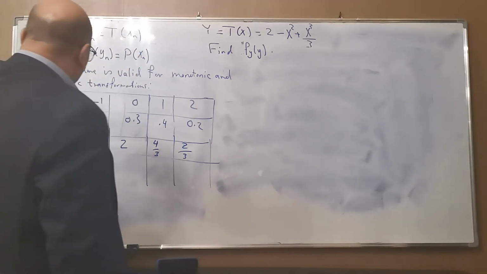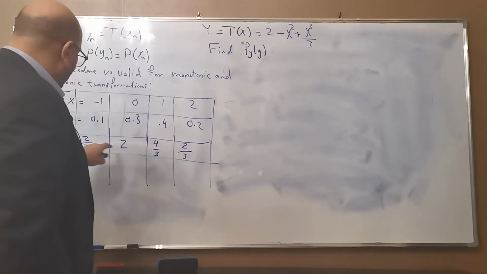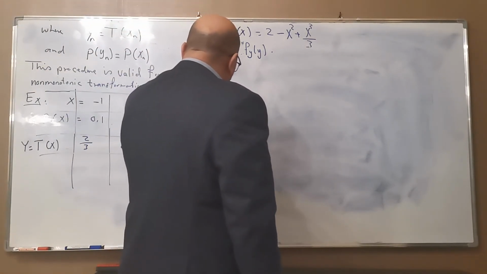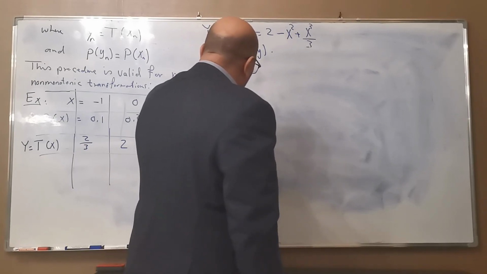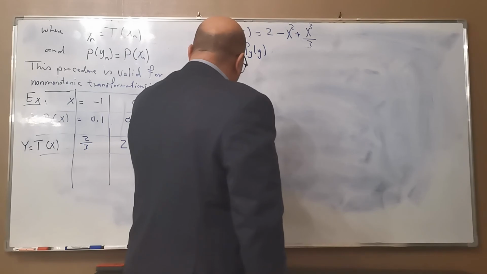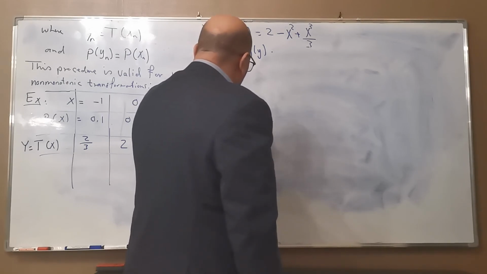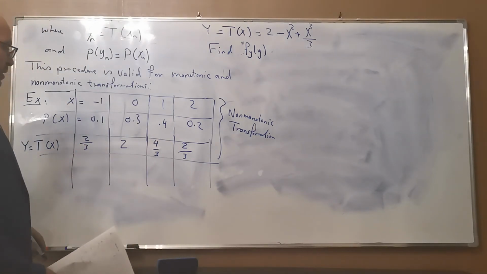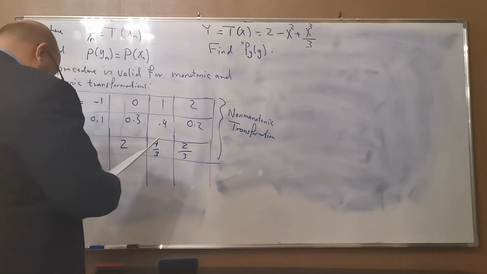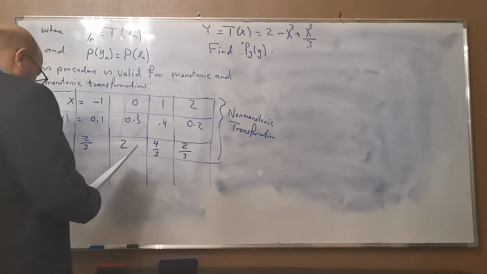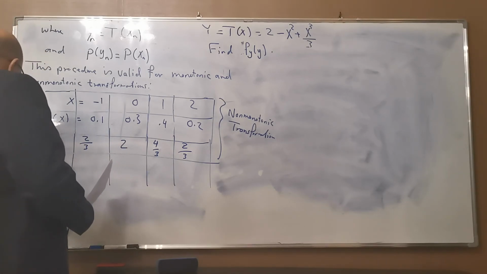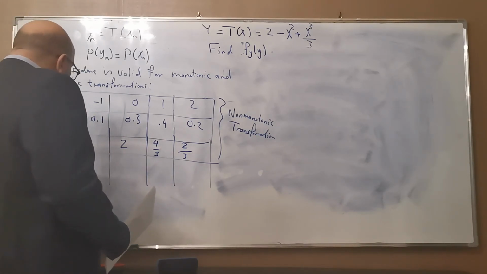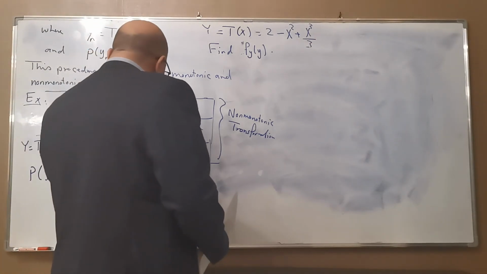And you can see that this x and this x go to the same y, so this is a non-monotonic transformation, because 2 x's go to the same y. Now, let's first do the probabilities. Probability of y is the same: 0.1, 0.3, 0.4, and 0.2.